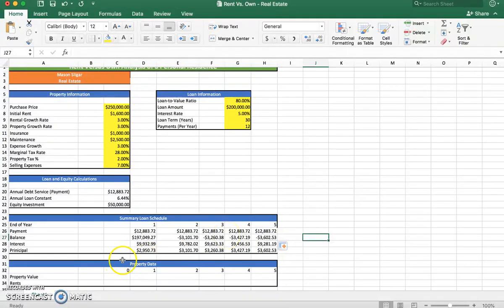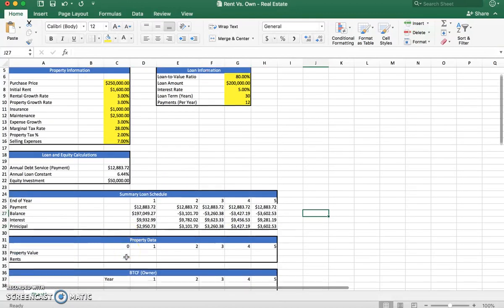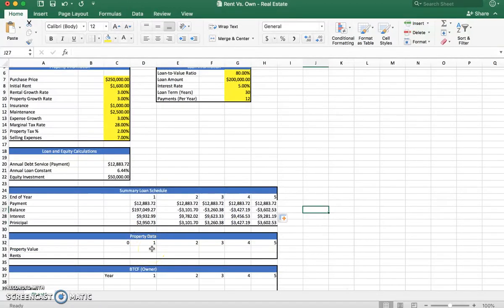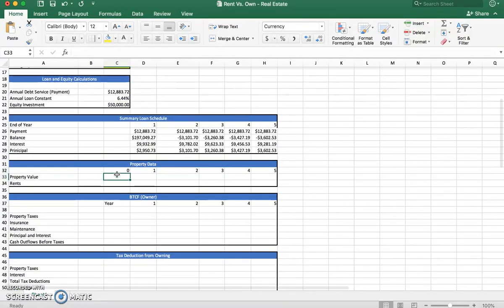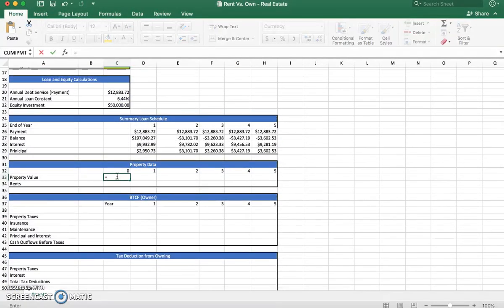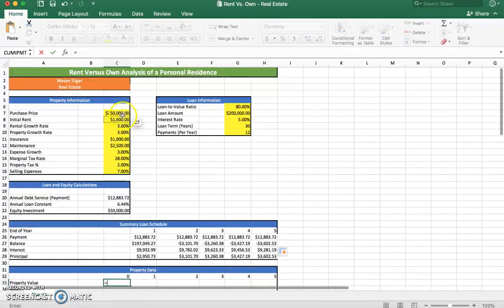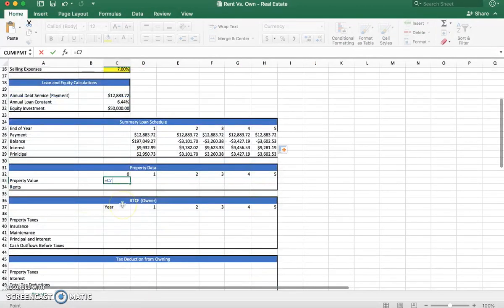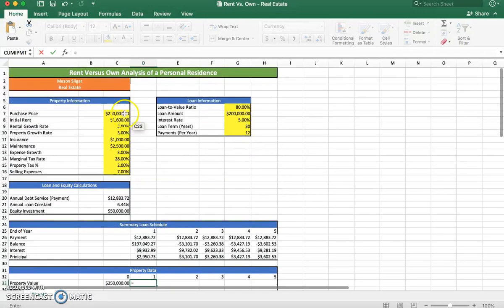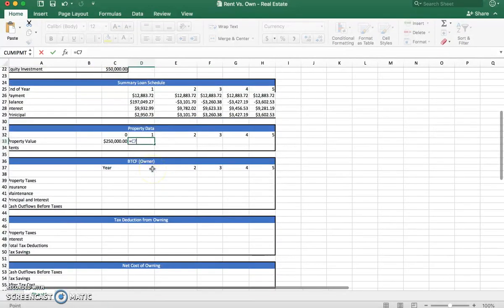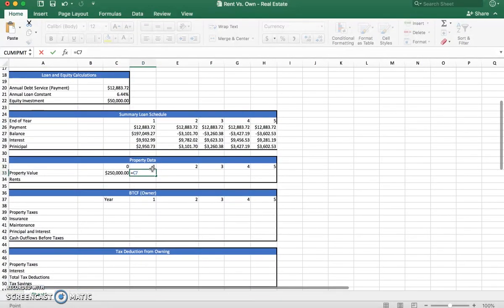All right, now for the property data. We're going to start with the property value. All right, for year 0, all we really need is the initial purchase price. All right, so we're going to pull from up top here the original purchase price of $250,000. Okay, so for year 1, we're going to do that exact same thing, except now you have to incorporate the property growth rate.